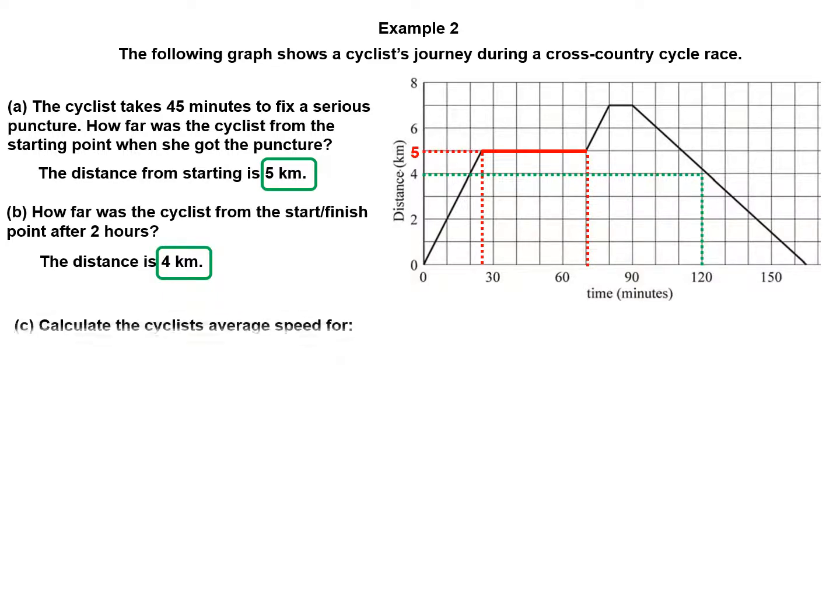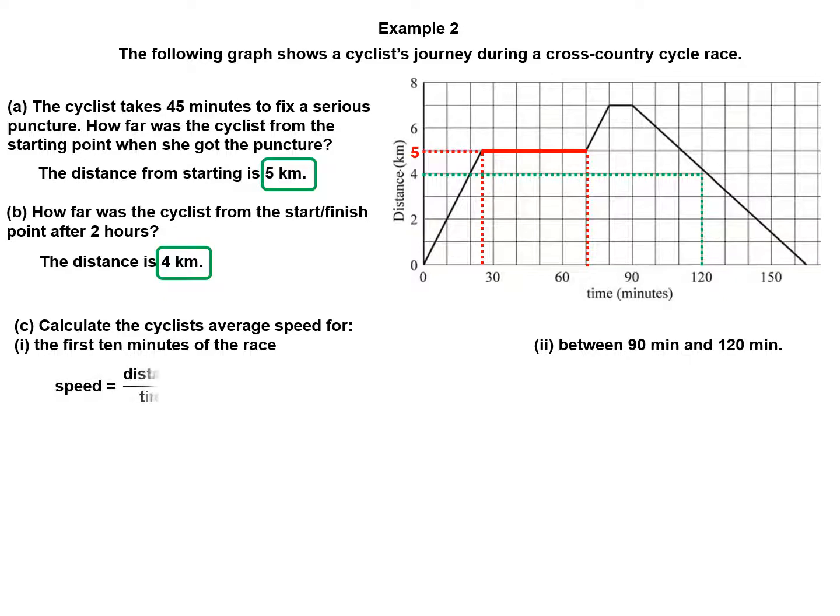Calculate the cyclist's average speed for the first 10 minutes of the race. Speed is distance over time. Pay attention. Time is 10 minutes.